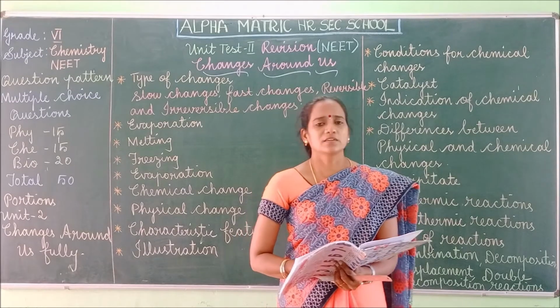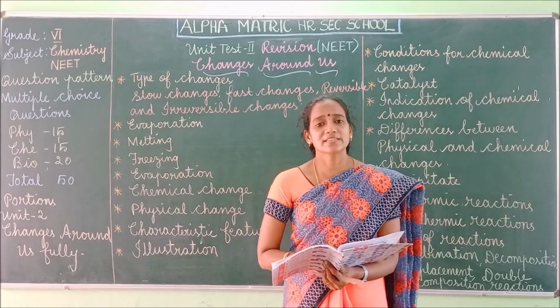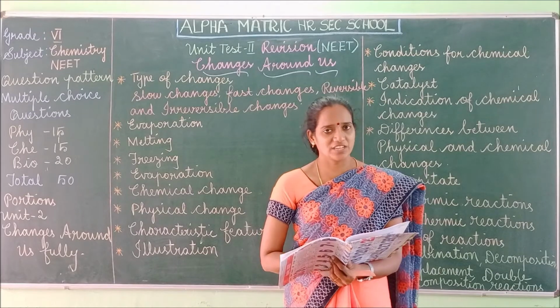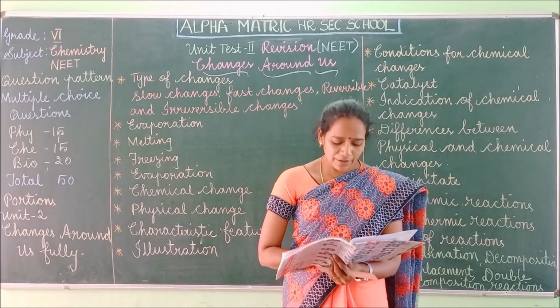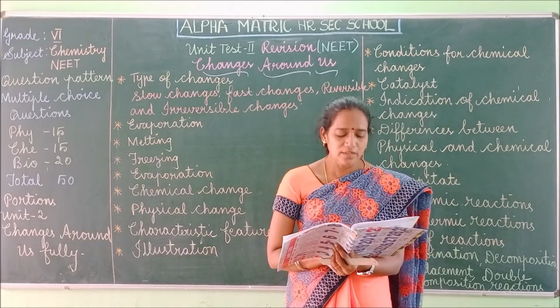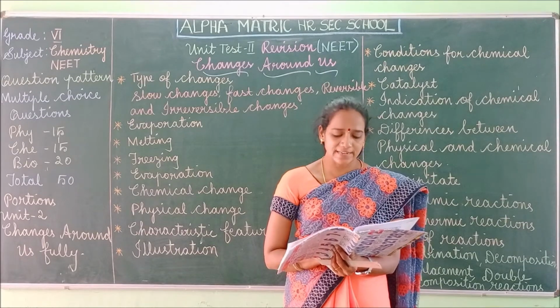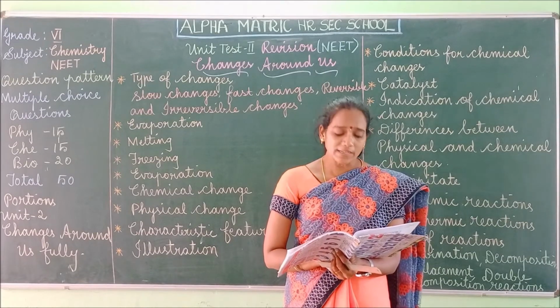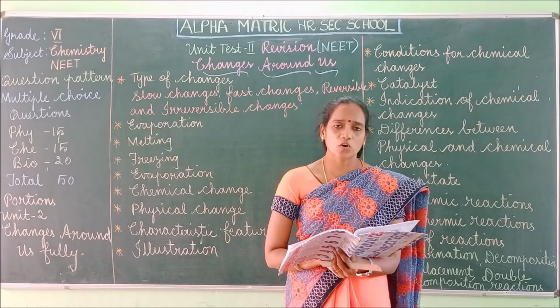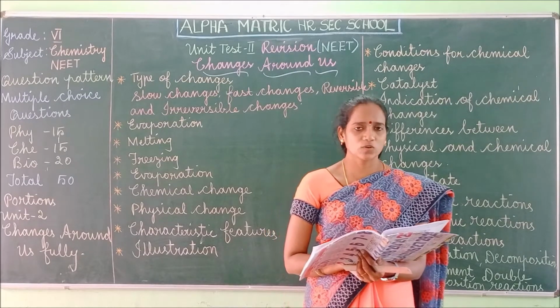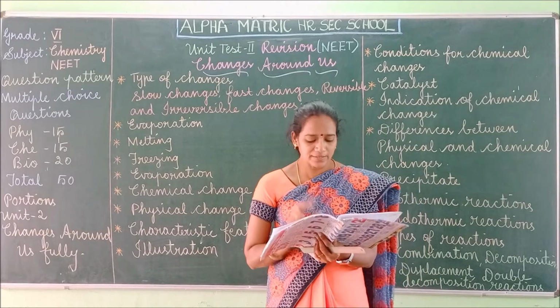These things you can write as examples for fast changes. So what is meant by fast change? Underline this one. See the second line. Changes which take place instantly without much time lag are called fast changes. Minimum 3 examples are needed.